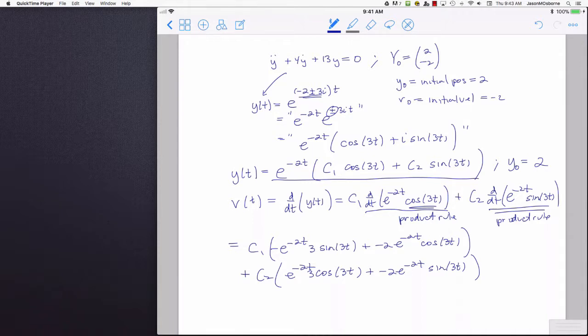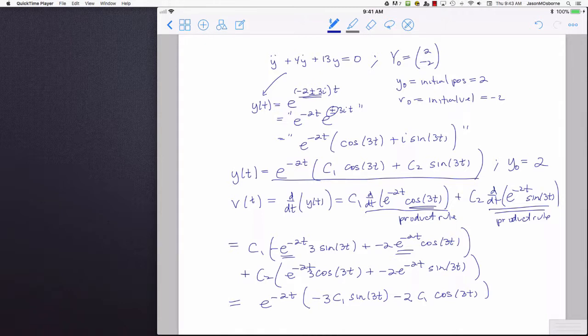Okay. Notice that e to the -2t is in common again, so you can factor out the e to the -2t. Okay. And you'll get negative 3c1 sine of 3t. You will get, let's see, minus 2c1 cosine of 3t.